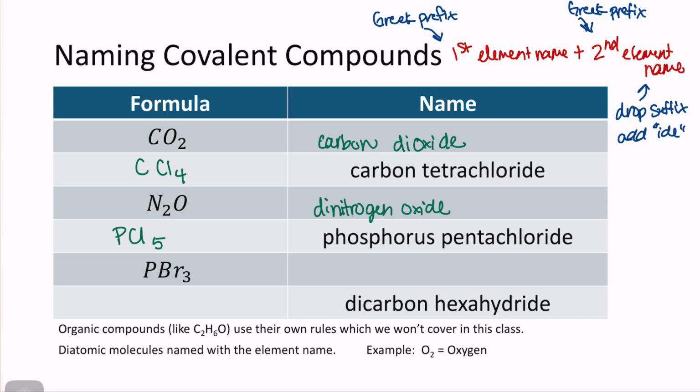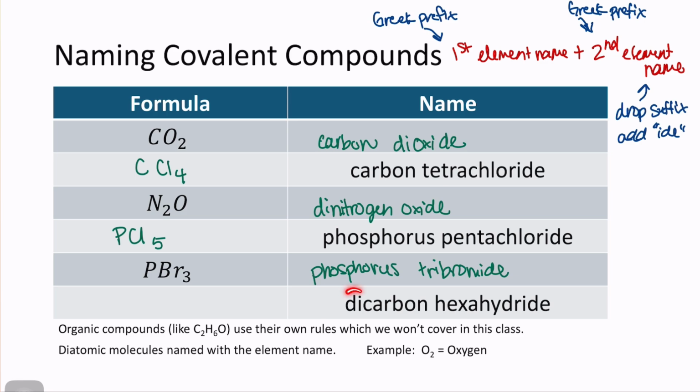PBr3, I only have one phosphorus, so I'm going to just write phosphorus. But now I have three bromine atoms. The Greek prefix for three is tri. I'm going to drop the suffix of bromine and add "ide," so we have phosphorus tribromide.